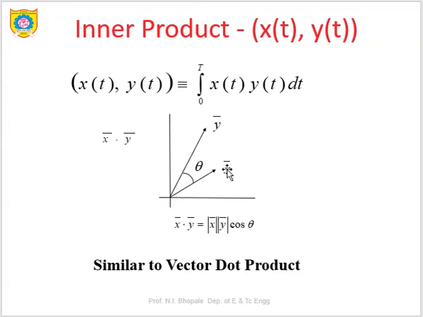This is one vector x bar, this is y bar, and the angle between these two vectors is, let's say, theta. The dot product is given by this expression, the vector dot product: x bar dot y bar equals the magnitude of x into the magnitude of y into cos theta, the cosine of the angle between the x and y vectors.